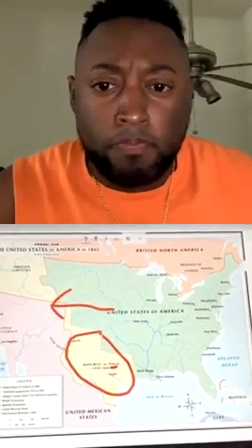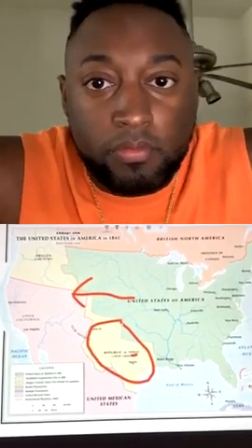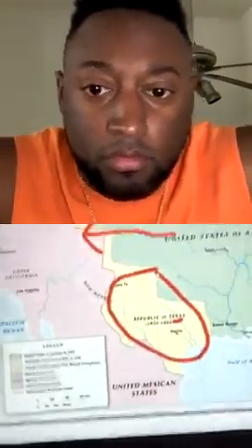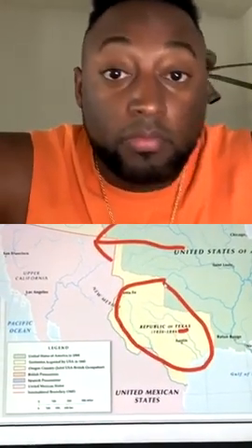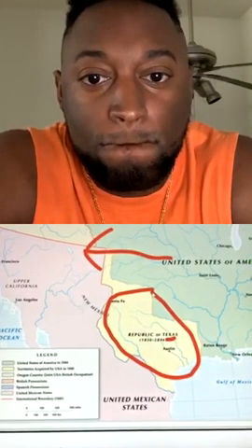So the reason that Texas, even though they were independent, wanted to become part of the US is because they were bordering Mexico. Their entire country was bordering the Mexican states, and they were scared that they couldn't defend themselves against the Mexican army.